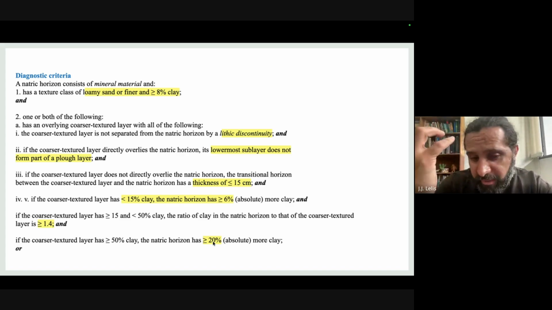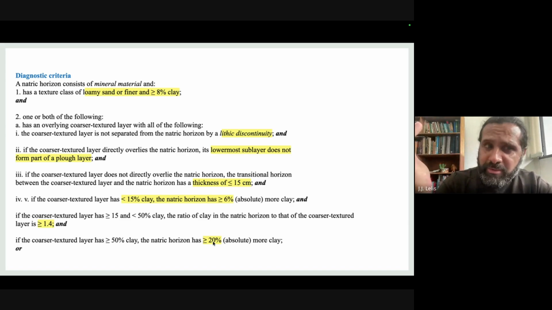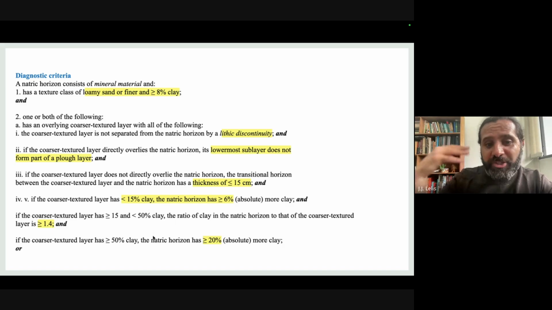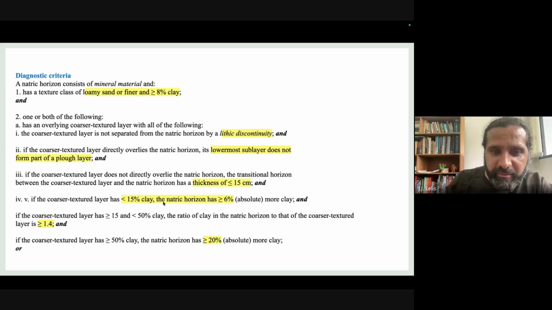To identify a nitric horizon, it should register a minimum of 80% of clay, because it's a minimum of 20% more. Okay, so you see that the criteria are basically the same as for the Argic horizon. It's why we call it a special Argic horizon. But in this case, we fit this and other properties.